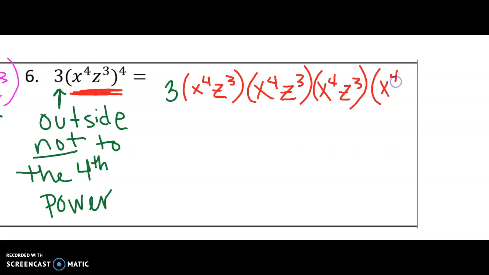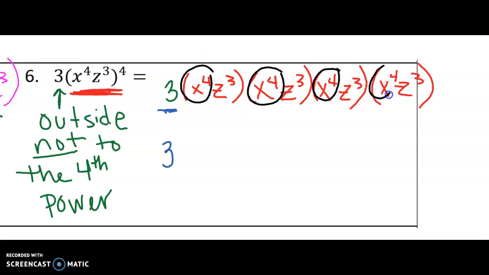X to the 4th, z to the 3rd. All right. Now I'm going to carry this 3 because it's still part of the answer. And now I'm going to start combining my x's. I have x to the 4th times x to the 4th times x to the 4th times x to the 4th. I have 4 times, so that is x to the 16th power.